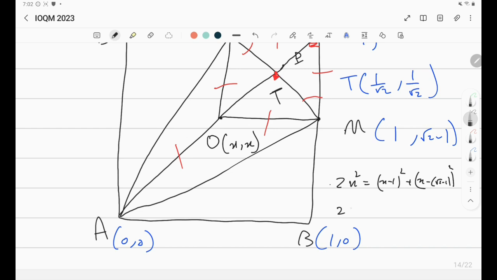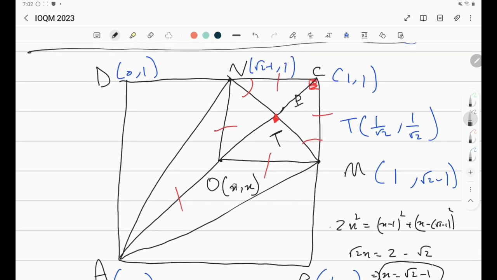So this is actually just 2 root 2 x, and here we have (1 plus root 2 minus 1) squared, and this thing squared is just 3 minus 2 root 2, so it's 4 minus 2 root 2. So x is, we can divide by 2 and divide also by root 2, so root 2 minus 1. Nice. So x is root 2 minus 1.